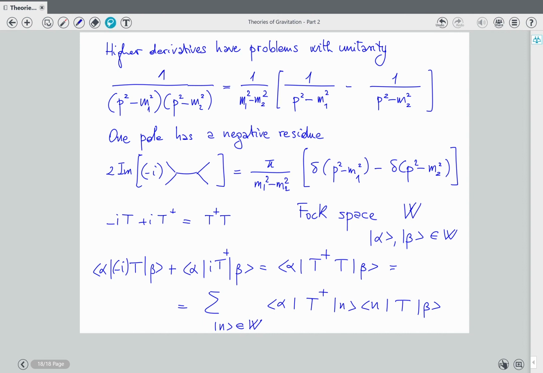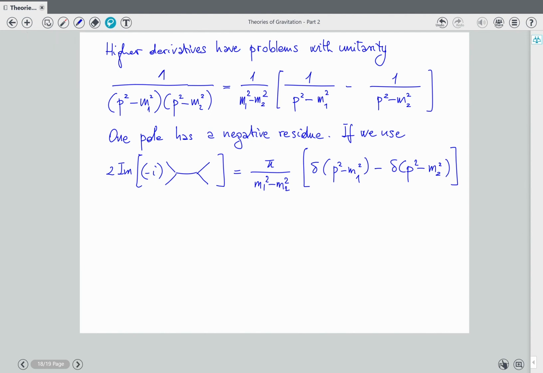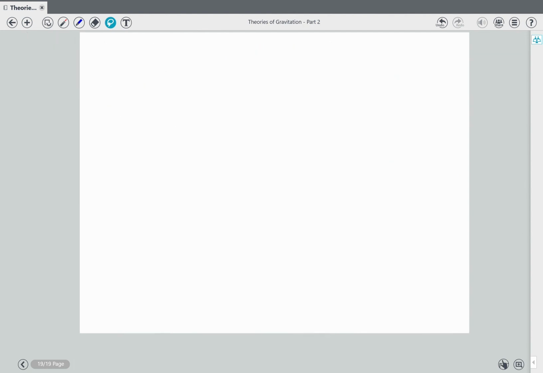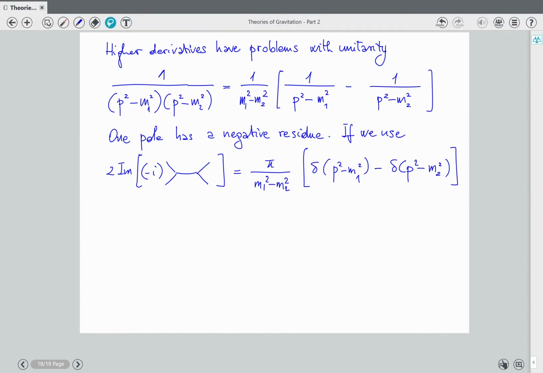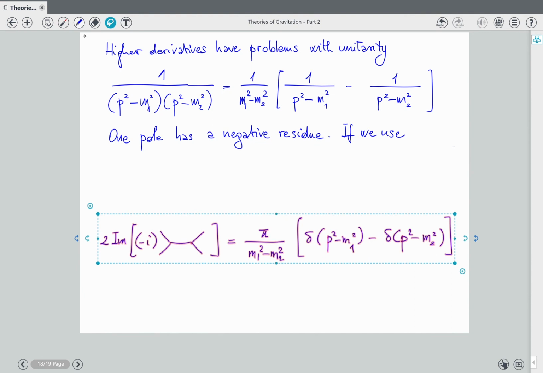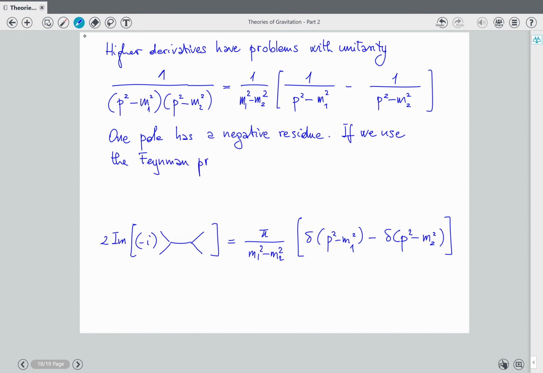And that is if we use the Feynman prescription. What does it mean?